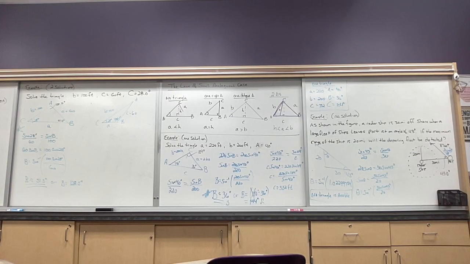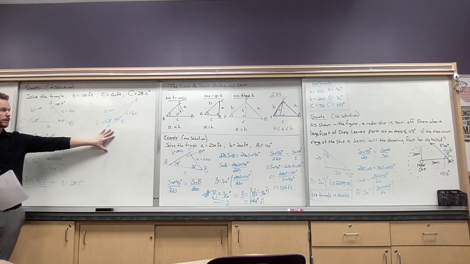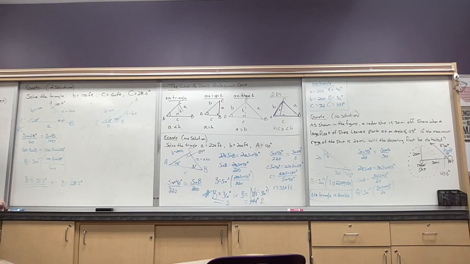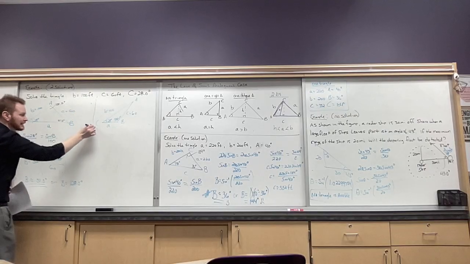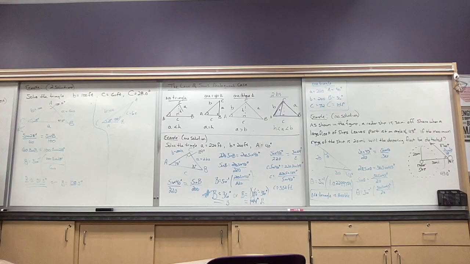Okay, so the only thing left on this triangle I gotta solve for is little a, right? And then this one's fully solved. And then I'm gonna repeat the pattern over here to figure out this guy's side length. Okay, so I have a little bit of space. There we go. So let's see.